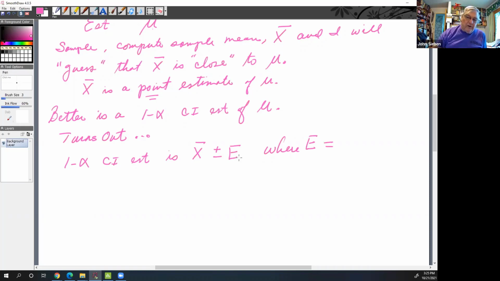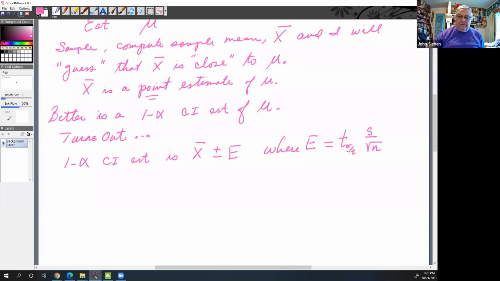It's still called the margin of error, but it's a little bit different. E is going to be T alpha by 2 times S over the square root of n. E is a little bit different, but it's a little bit similar too.